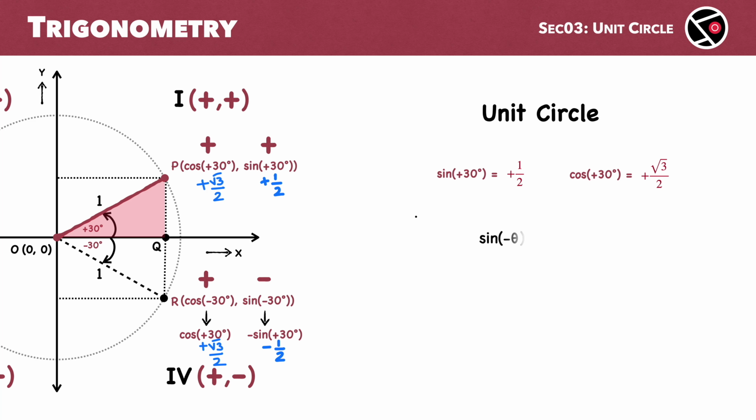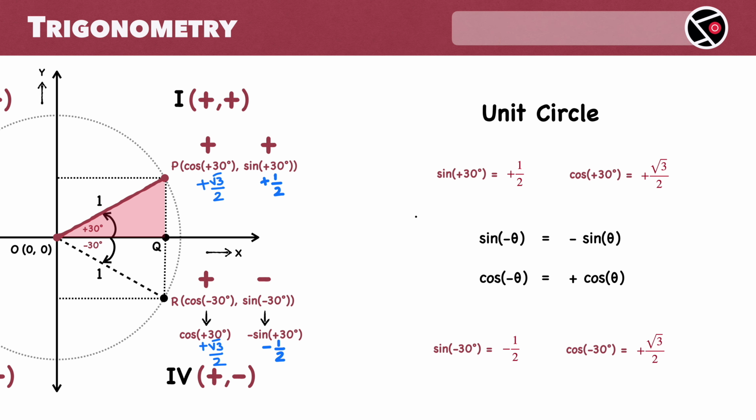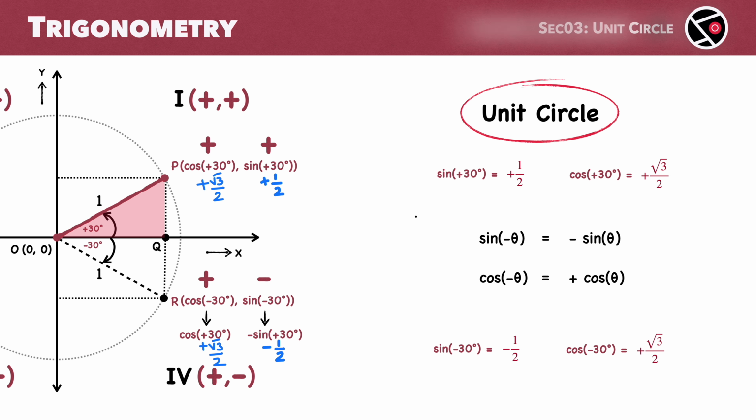Sine of negative theta equals minus of sine theta, and cos of minus theta equals cos of theta. With these concepts, we could easily find the values of sine and cosine of minus 30 degrees. Let me emphasize, unit circle is fundamental to trigonometry. Make sure you fully understand this concept before you proceed further. If you have any doubts or questions, please feel free to add them to the comments. I'll be happy to help.